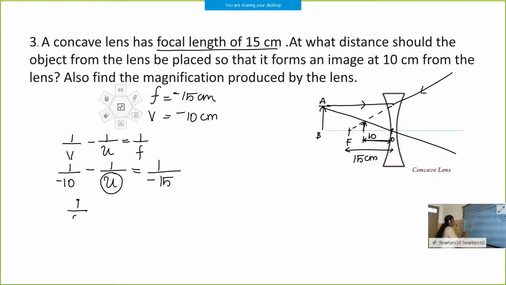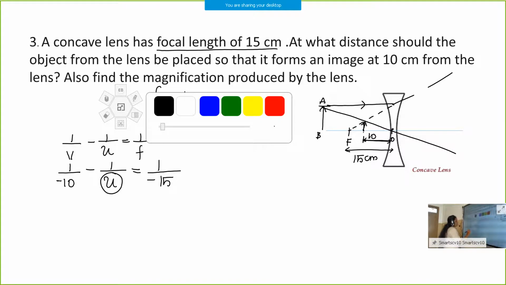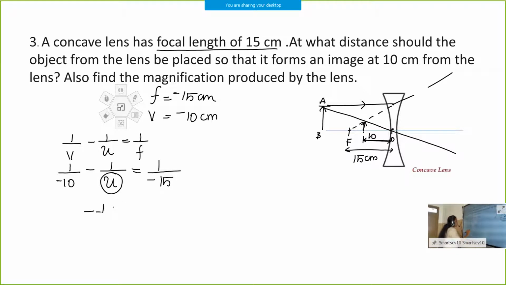Now to find out 1 by U, you can take 1 by U to the right hand side and minus 1 by 15 to the left hand side. So what you will get? Yes, substitute it and solve. Try to get the value of U. So minus 1 by 10 plus 1 by 15 is equal to 1 by U. Are you getting?